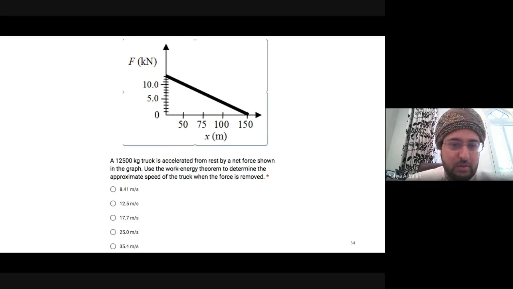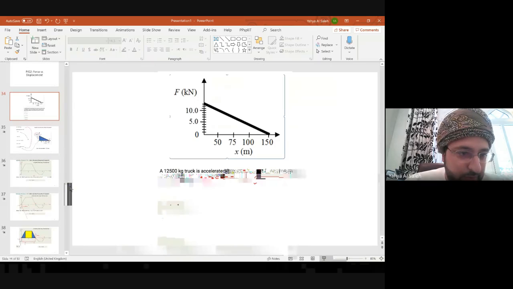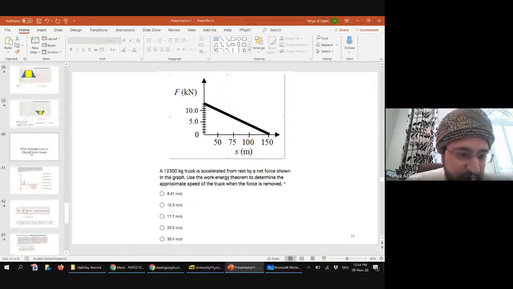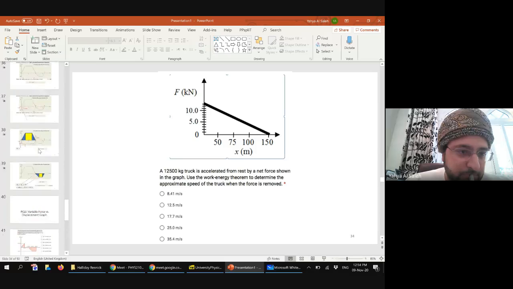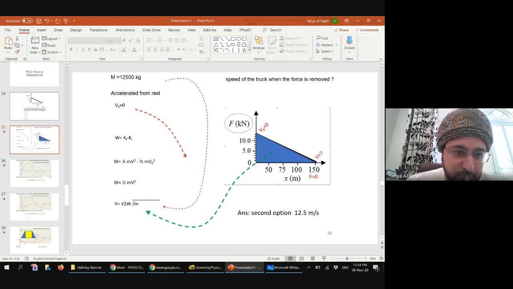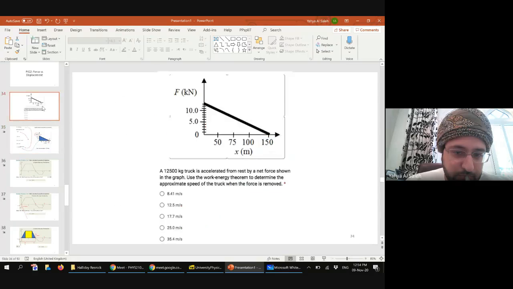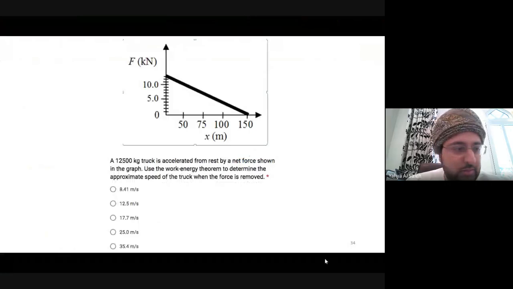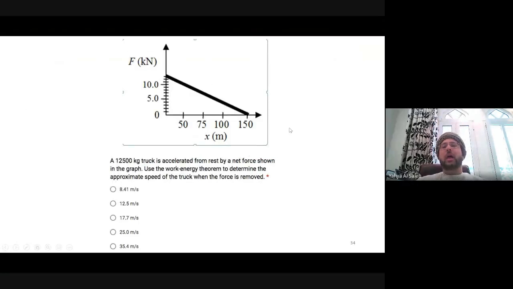Let's see. I have a few things here which might be interesting for you. This one is interesting. A 12,500 kilogram truck is accelerated from rest by a net force shown in the graph.